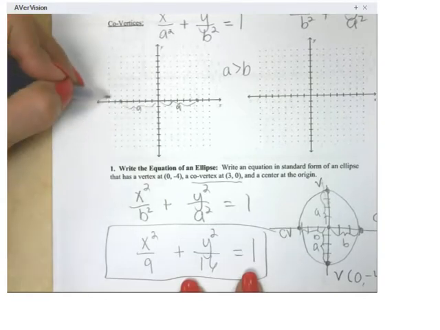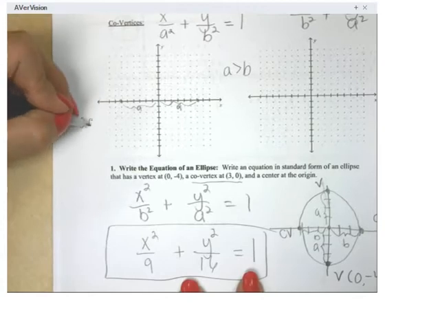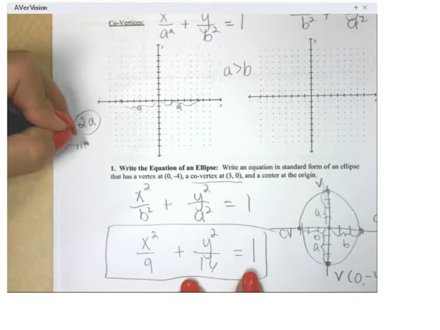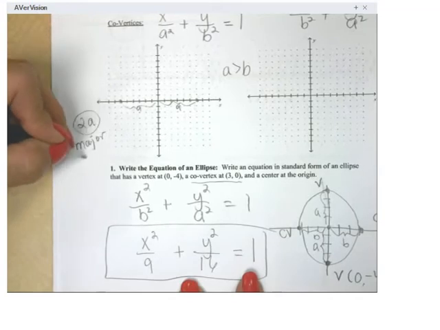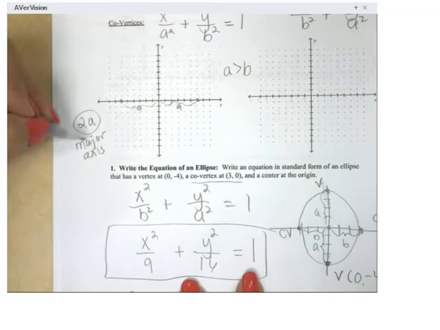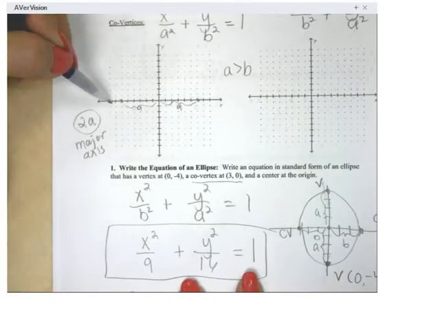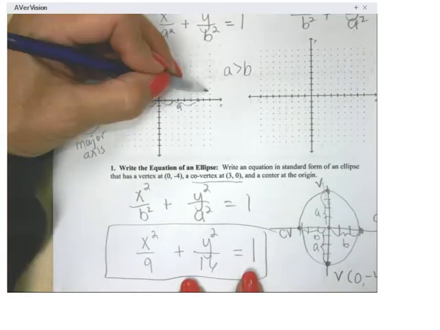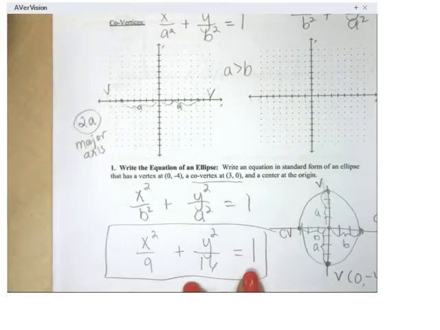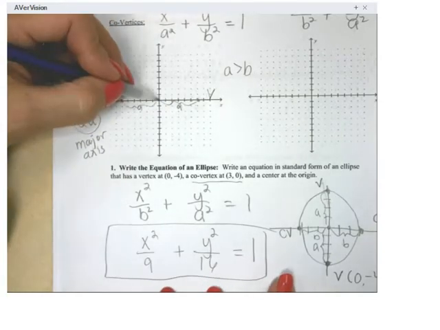So I would be going over a units this way. So 2a is the length of my major axis. So if you're given a major axis of a specific length, half of that length will be how far you'll go from the center out to your vertices. And this would be a vertex, and this would be a vertex.